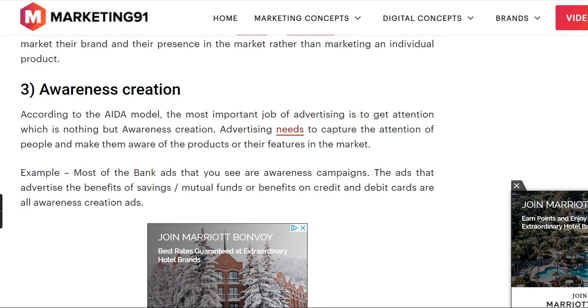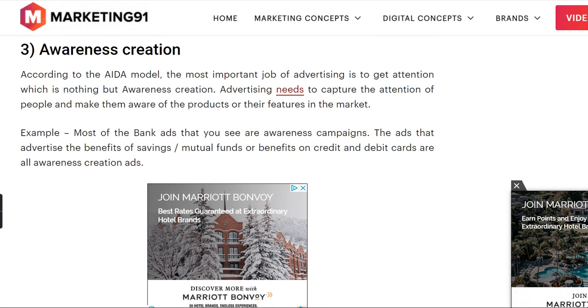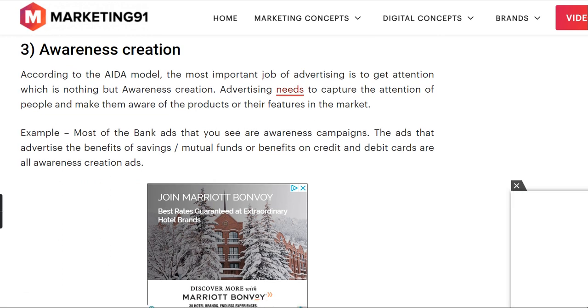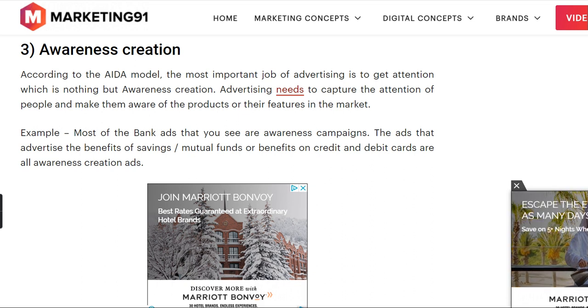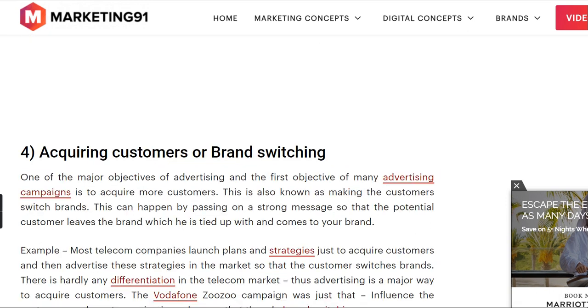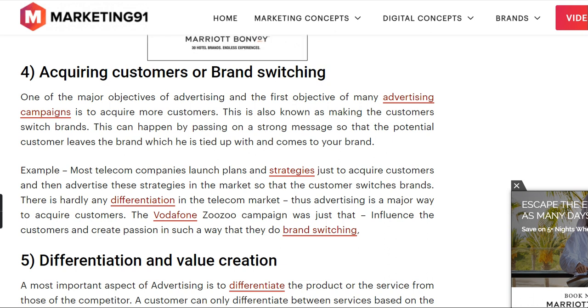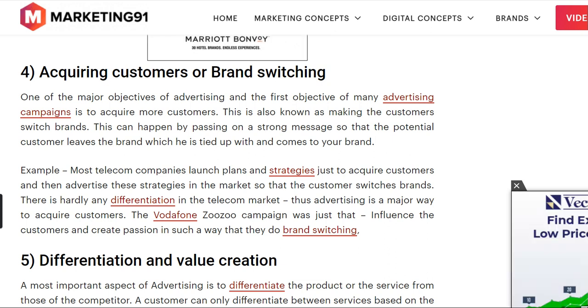Awareness creation. Okay, basically, the job of advertising is simply to get you aware of the product and what the needs might be. And again, read the details on these and just get an idea. It's going to be on Read Aloud. Acquiring customers or brand switching.